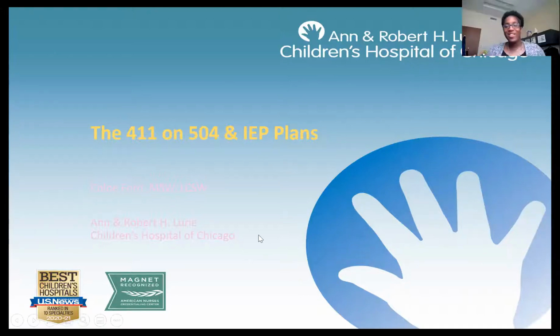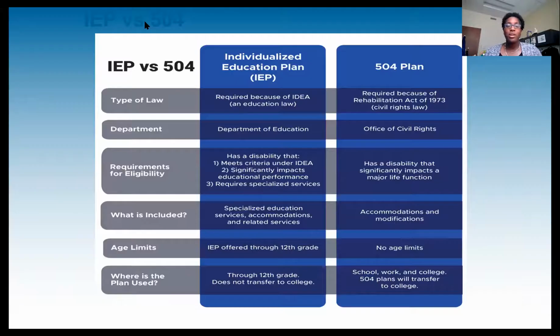All right, hello everyone. So first, just to start off, and David, you can advance the slide. I just want to give an overview of the difference between an IEP and a 504 plan, so people who don't know are aware. Basically, an IEP is an individualized education plan, and it is guided by the Individuals with Disabilities Education Act, also known as IDEA, which is an education law.